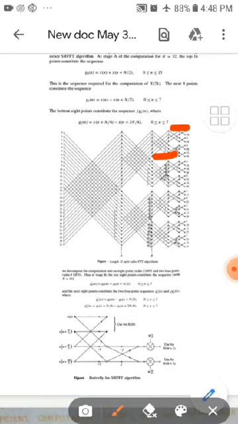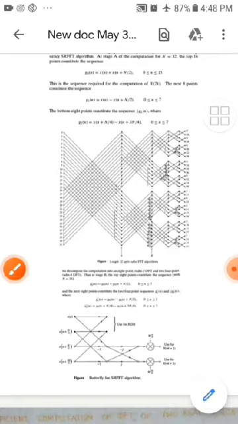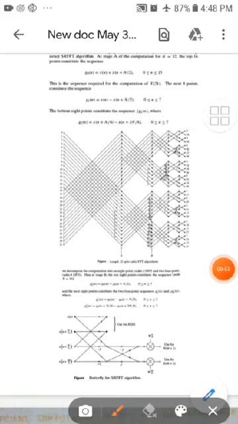Thus at stage B, the top 8 points constitute the sequence, N equals 16. So here in stage B, or the second stage, the 8 point radix 2 DFT and 4 point radix 4 DFTs are considered.